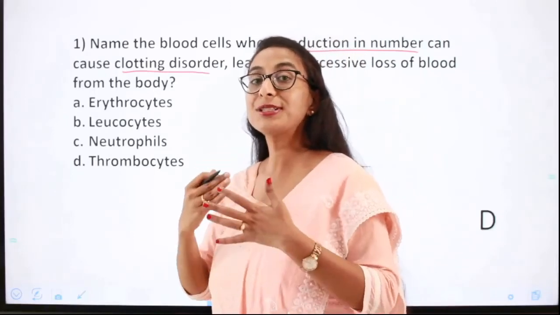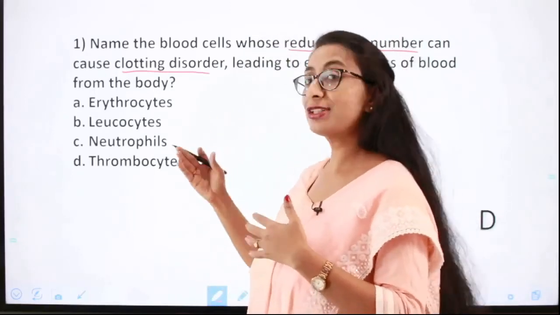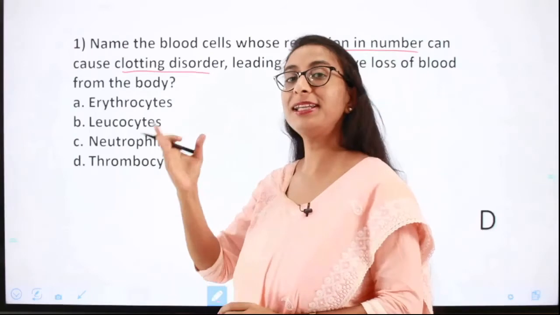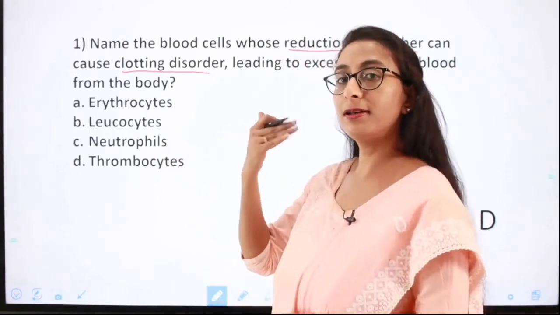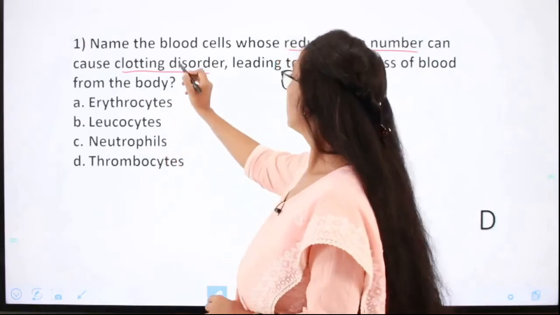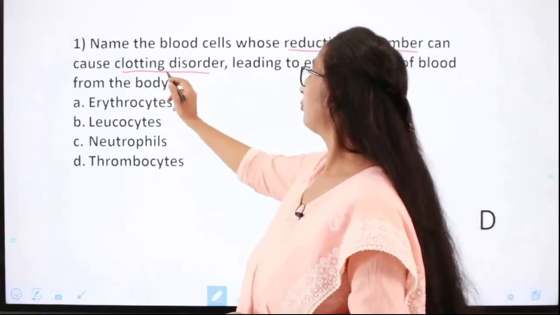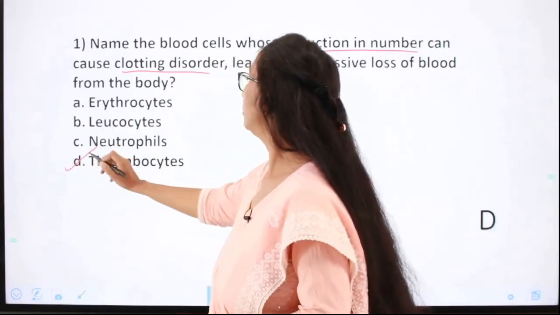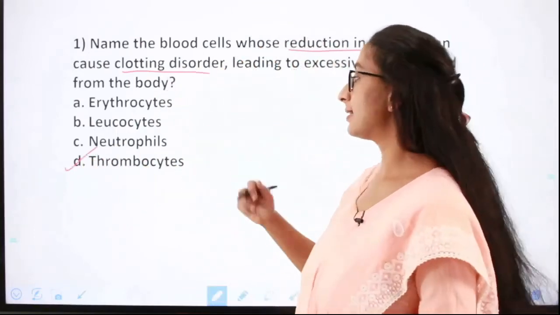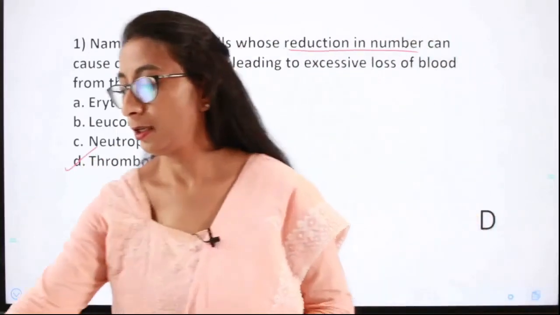Whereas leukocytes, erythrocytes and thrombocytes is slightly confusing, and that is why they will use those terms only. So do not forget that and keep remembering it again and again. So the reduction in the number of thrombocytes can cause clotting disorders. So the answer is D.